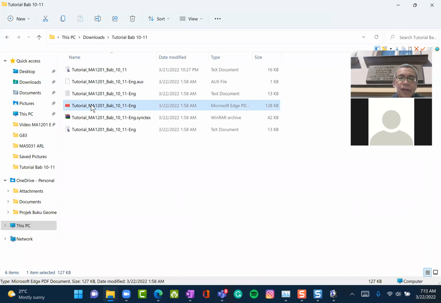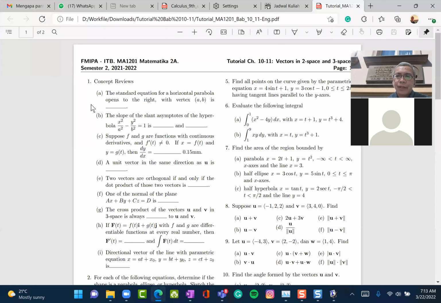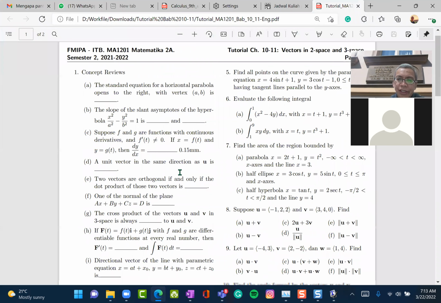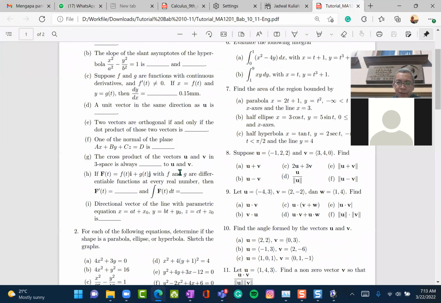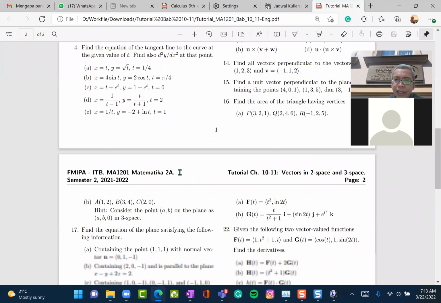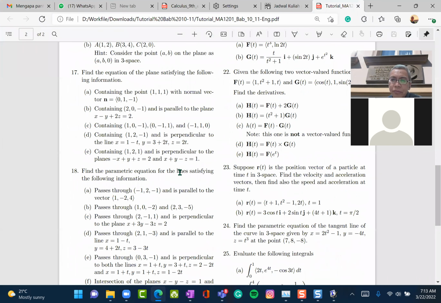Open this up. All right, so this is the worksheet. Let's do some of the problems. Give you some idea of this problem.